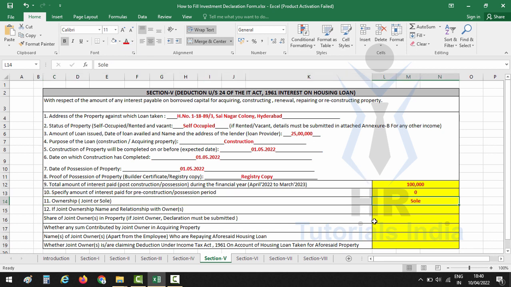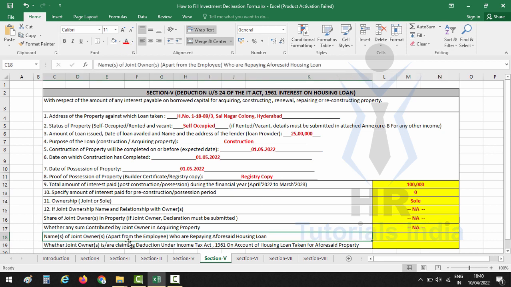Here it is sole, which means it's the property of a single person but not a joint property. If it is joint ownership, name and relationship of the owners, as it is a sole property, not applicable. Share of joint owners, if the property is of joint owners a declaration must be submitted, not applicable. Whether any sum was contributed by the joint owner in acquiring the property, not applicable.